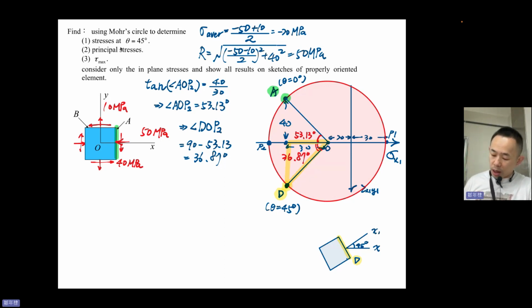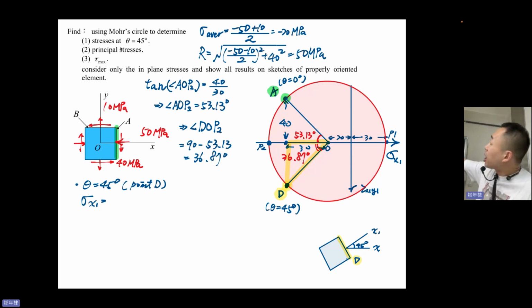We want to get the coordinate of D, because we are going to get theta equal to 45 degrees, which is point D in the Mohr circle space. What is the sigma x1 axis coordinate of point D?